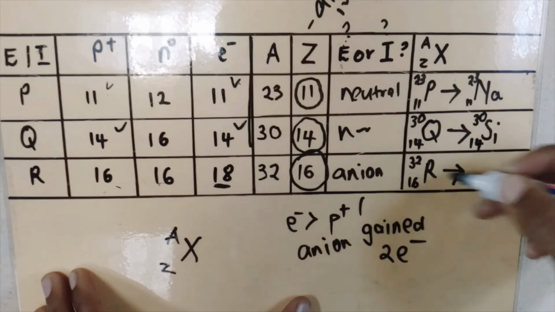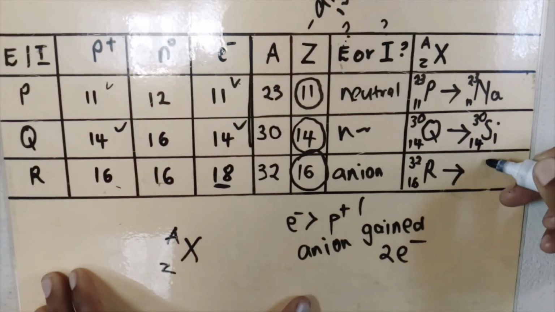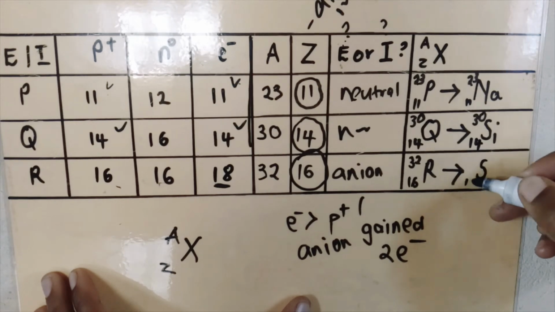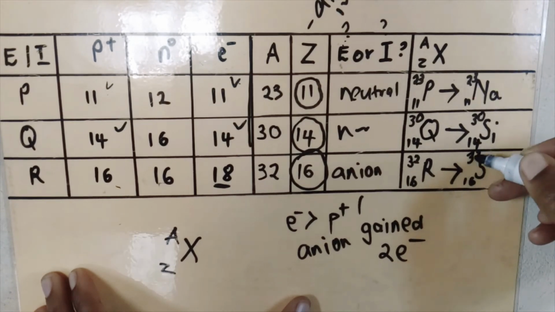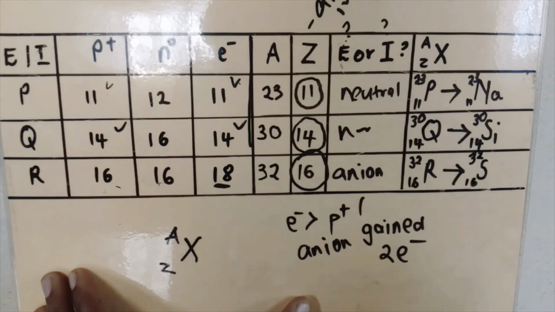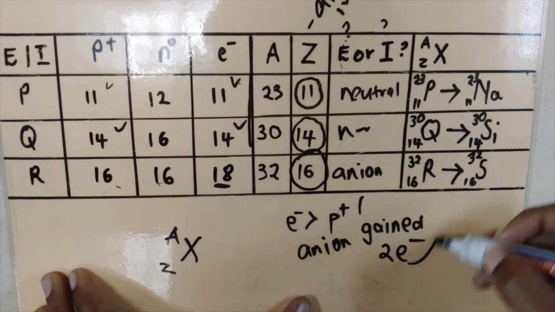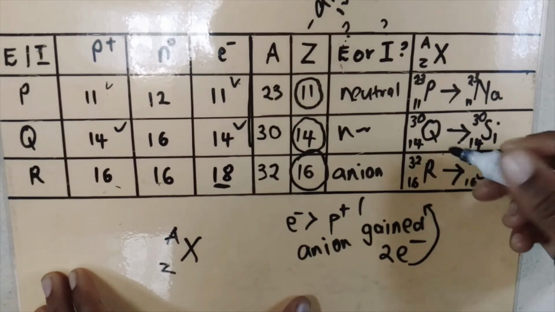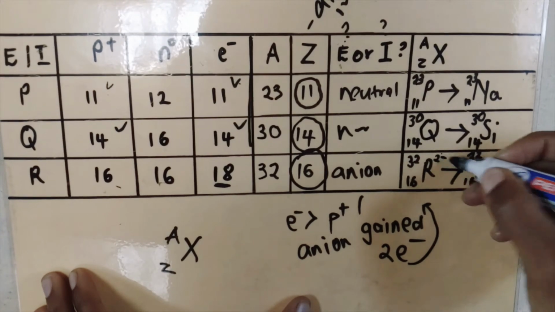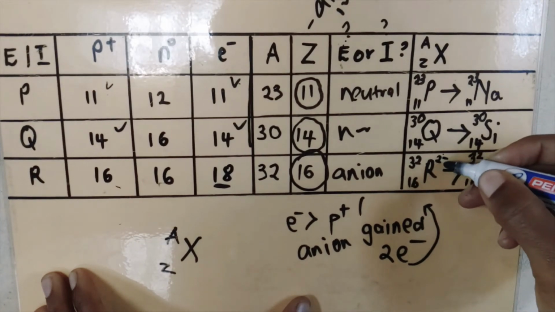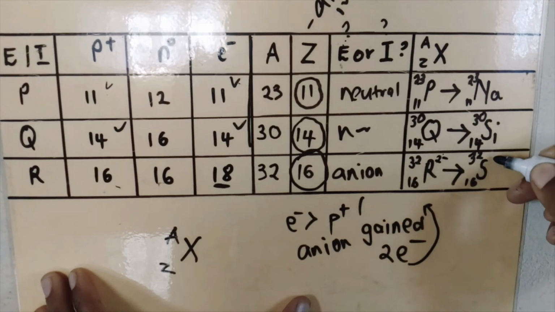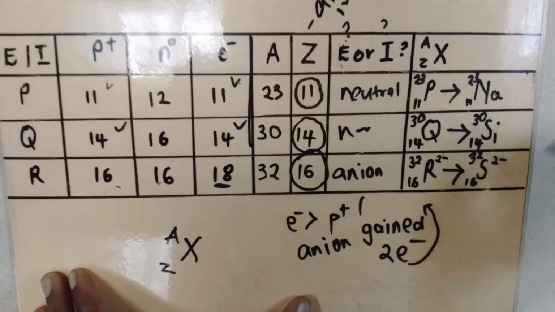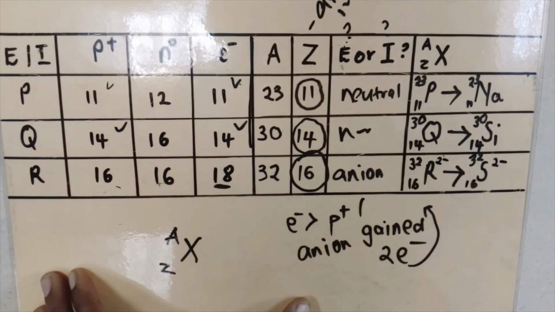And then an element with an atomic number of 16 we found to be sulfur: 16, 32. But be cautious to remember that this element has gained 2 electrons. If it has gained 2 electrons, it is negatively charged. So the sulfur will also show that it has gained 2 electrons. Now we have unpacked this table, we can move on to answering the questions.